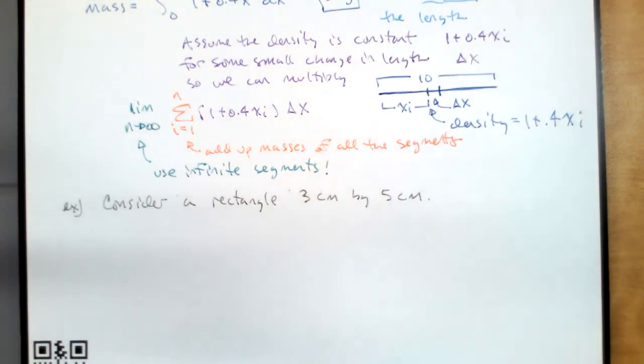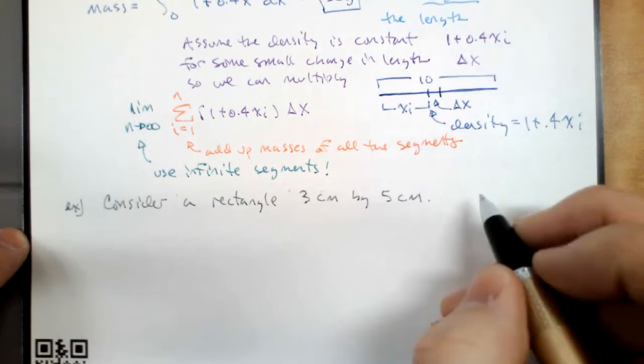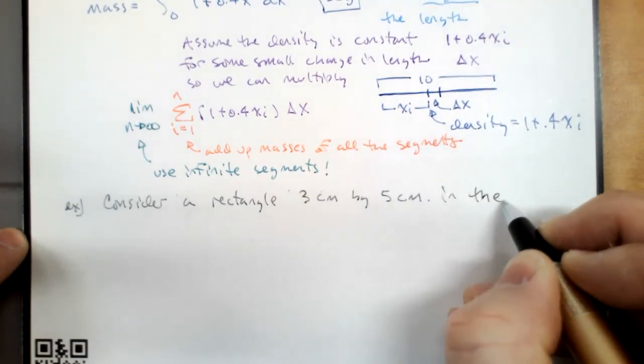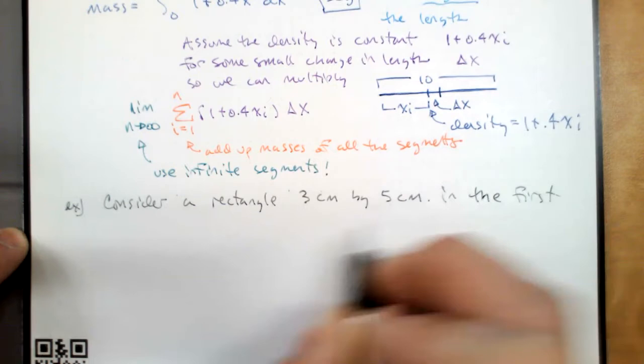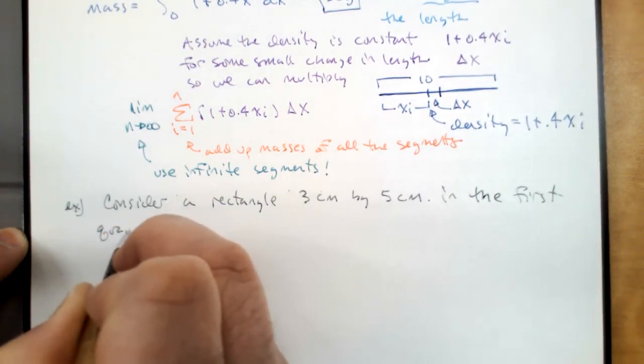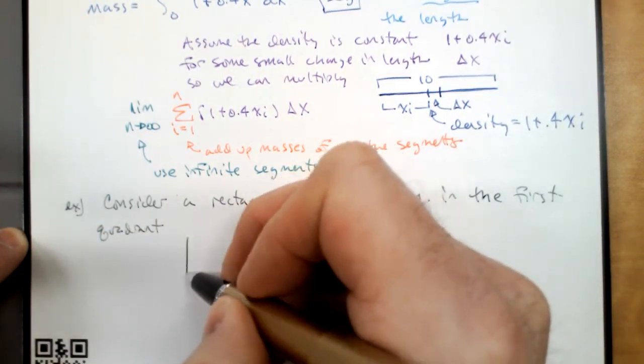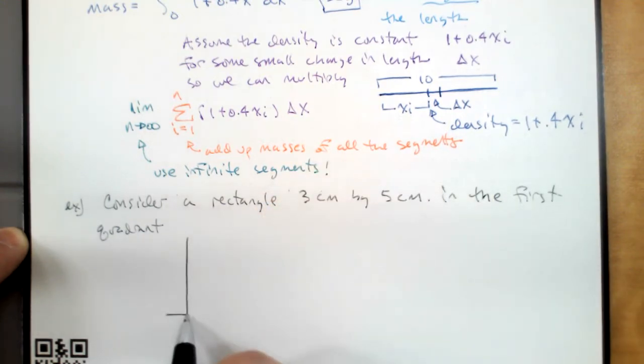Let's suppose we have a rectangle, 3 centimeters by 5 centimeters. And I'm going to put it in coordinates just because I'm going to do that anyway.